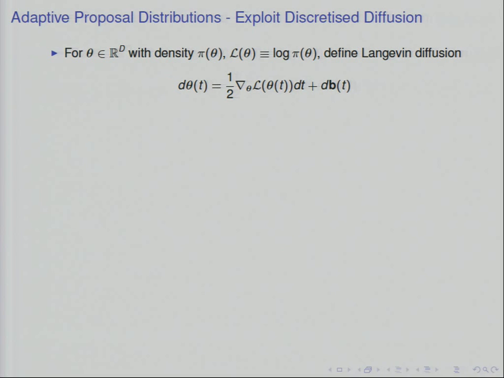of a diffusion process. And in particular, a Langevin diffusion process, which is defined by this stochastic differential equation here. Okay? So this is a very classical stochastic differential equation that tells us that an increment of d theta at some time t is equal to this drift function.